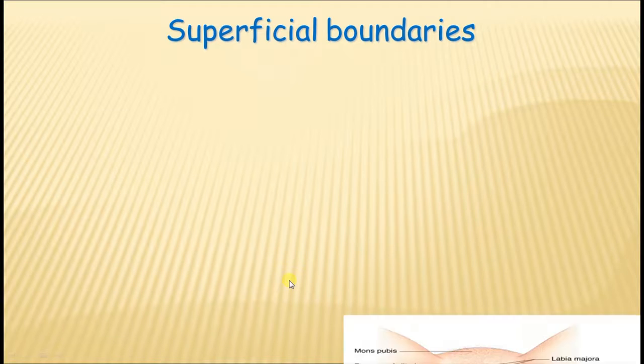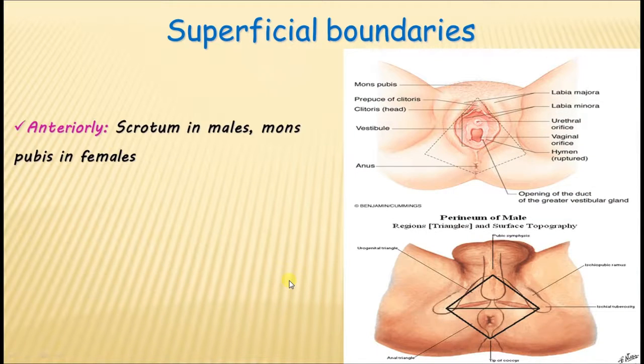Now, what are the superficial boundaries, that is, the surface boundaries? Anteriorly in males, it is limited by the scrotum, and by the mons pubis, this raised area.